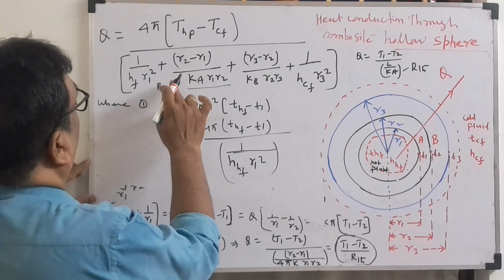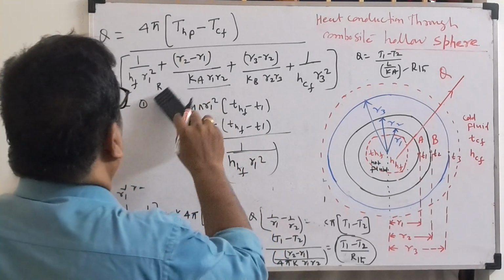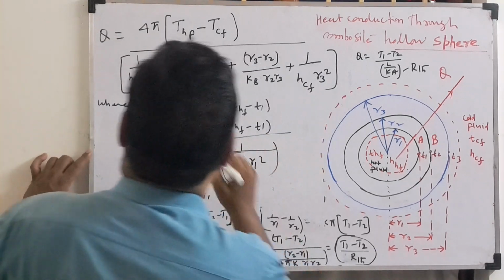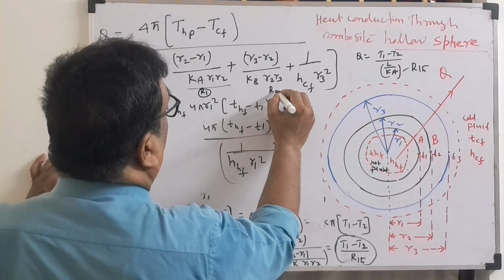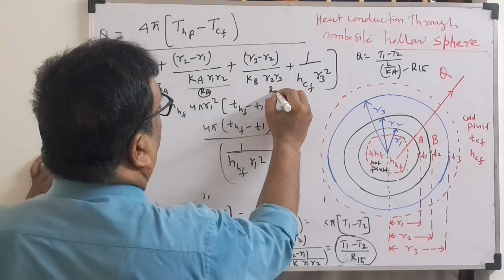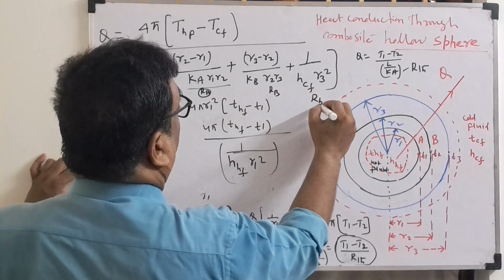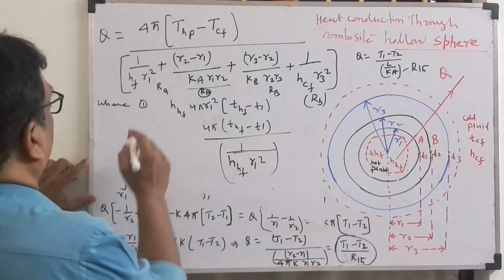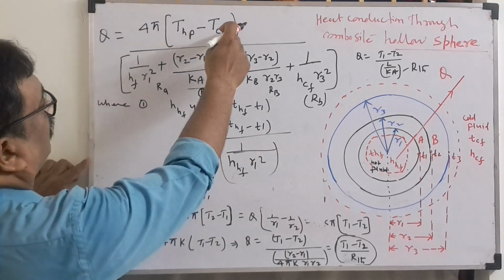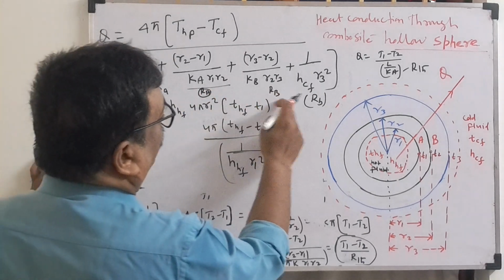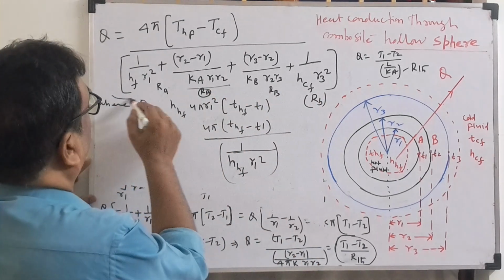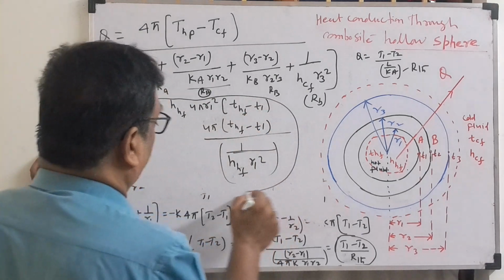You write RA for this, this you write R1, and this RB. So what is the formula for this? 4 pi into the total temperature difference by RA plus RB.